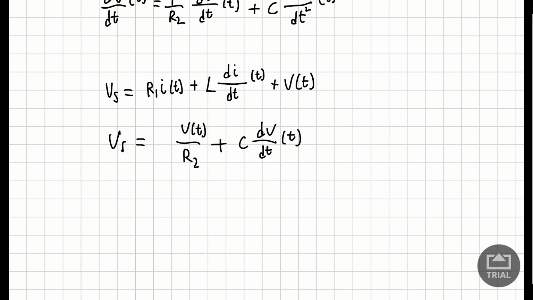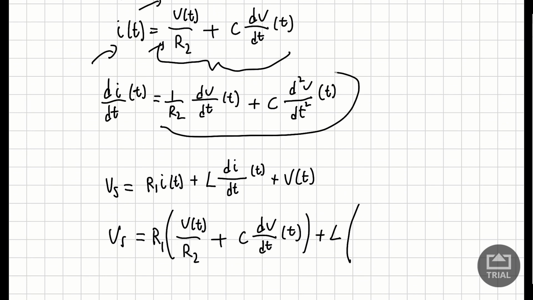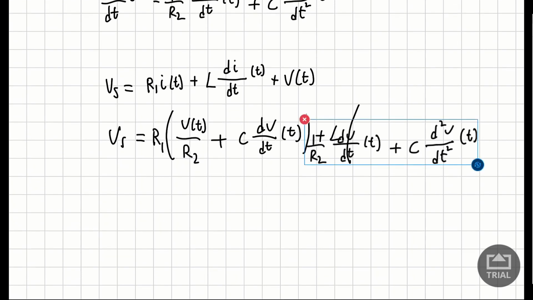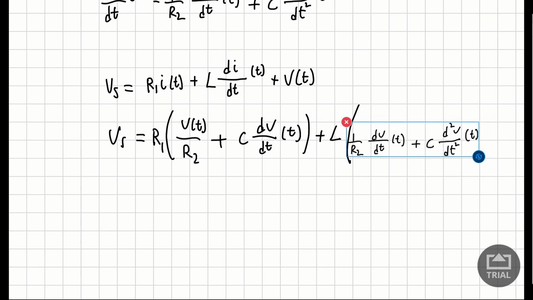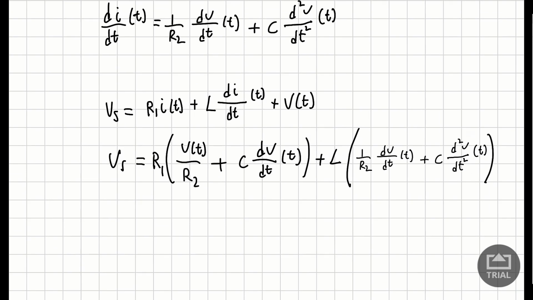I'm just going to put it in brackets because we just subbed it in, R1 plus L, and now we're subbing in our other KCL equation over here. I'm going to make that a little bit smaller. And we can also add our plus V of t. Now that we have this equation, we're going to simplify it.